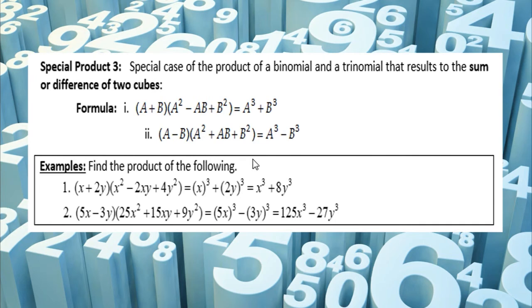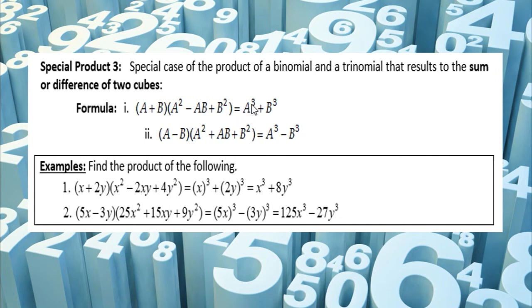Find the product of the following. We have here x plus 2y multiplied to the trinomial x squared minus 2xy plus 4y squared. So, multiply na to ang binomial o trinomial. So, unsaon man ti doubt nato ni.